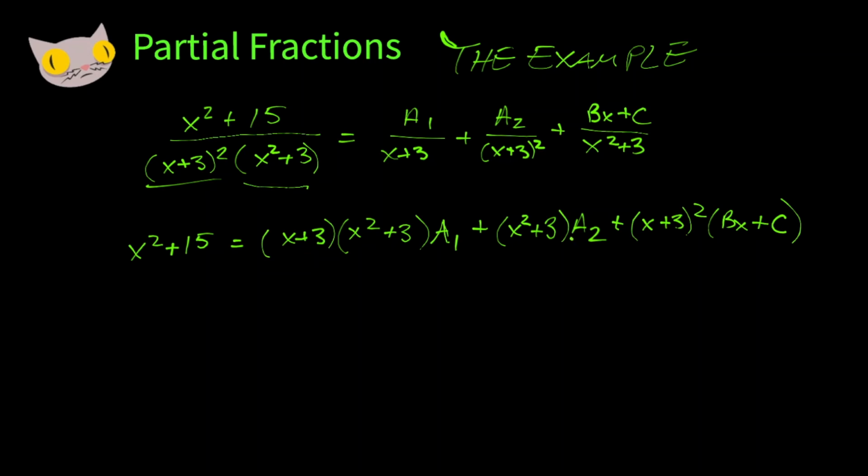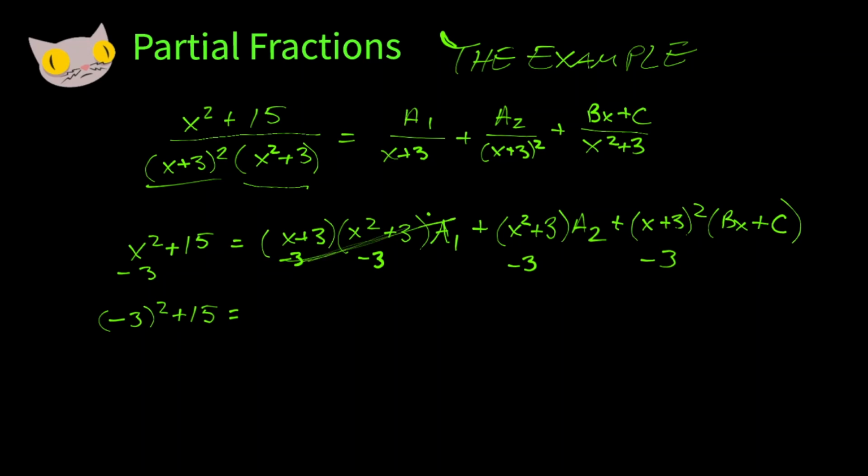So there's going to be a root at x equals negative 3. Let's go ahead and put negative 3 in each of these to replace the x. So we have negative 3 squared plus 15 is equal to, well, this is 0, so that's going to turn everything in this term into a 0.